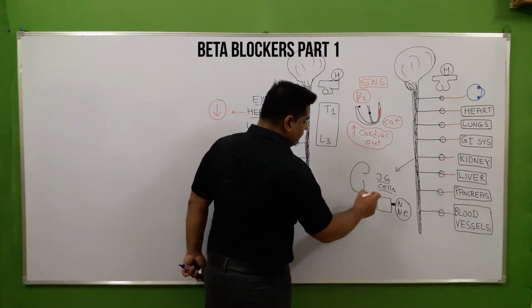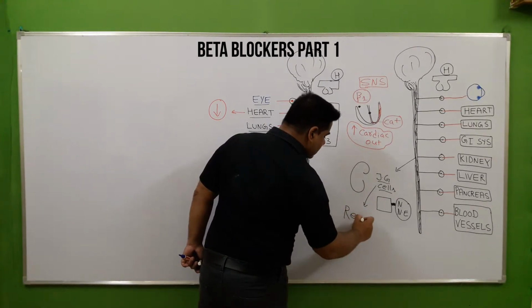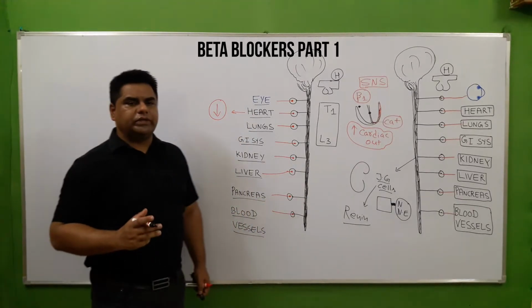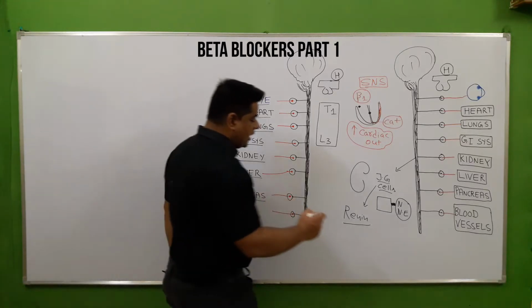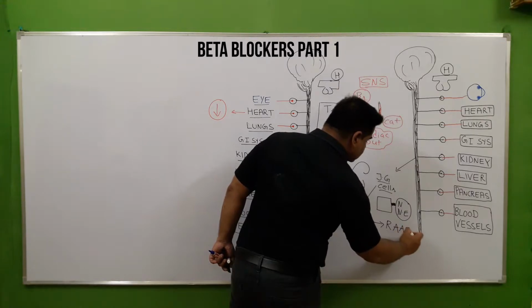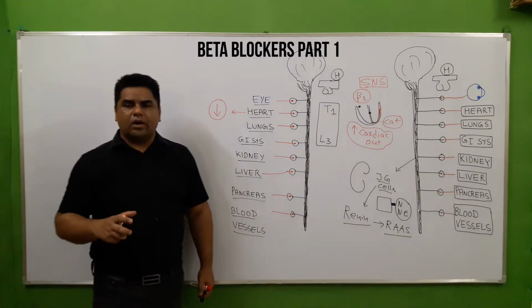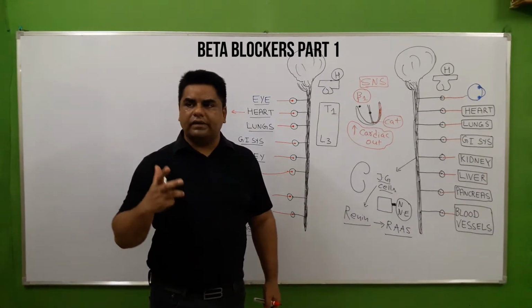JG cells, when stimulated, release, yes please, renin. And we already know that after the release of renin, it will start RAAS, the renin angiotensin aldosterone system. Can anybody in his or her mind explain what RAAS is?